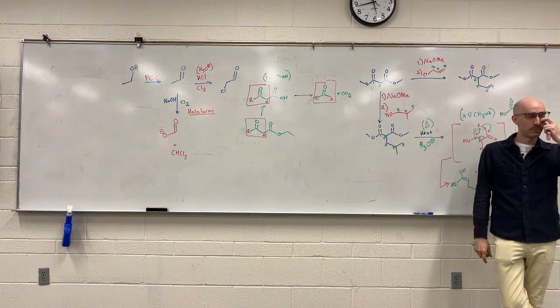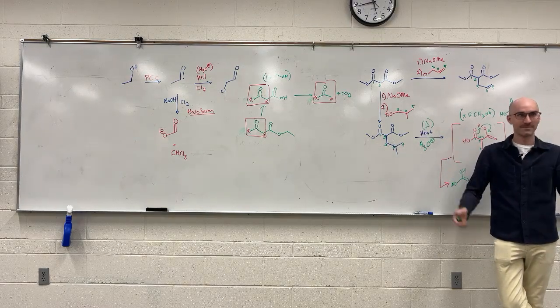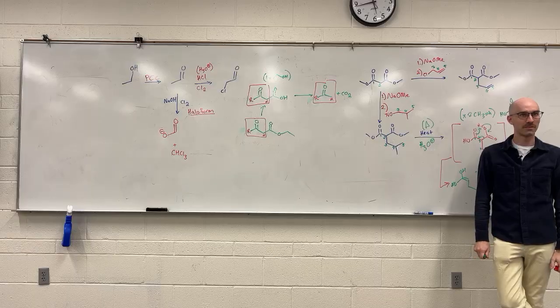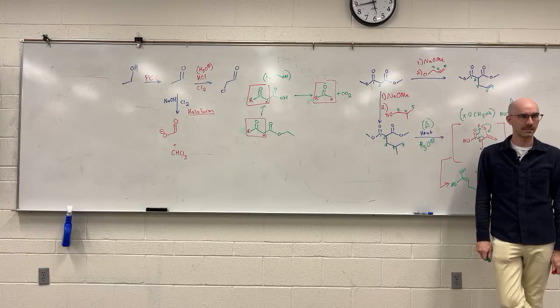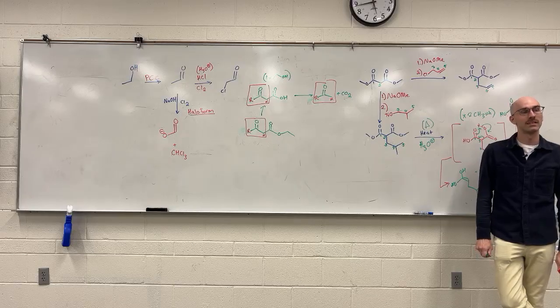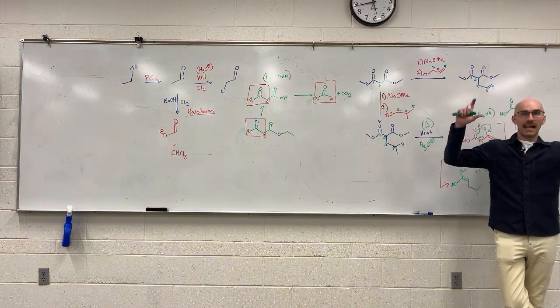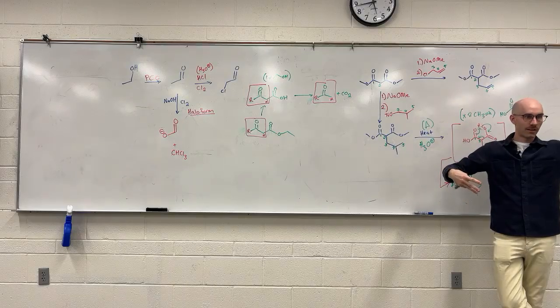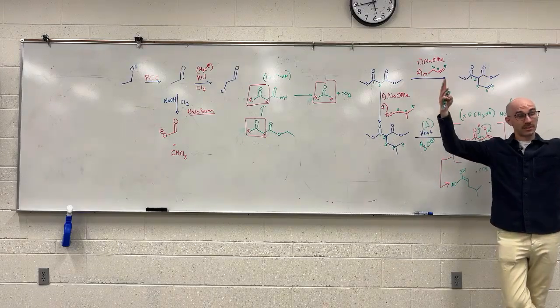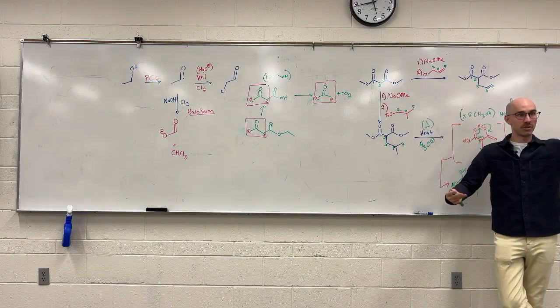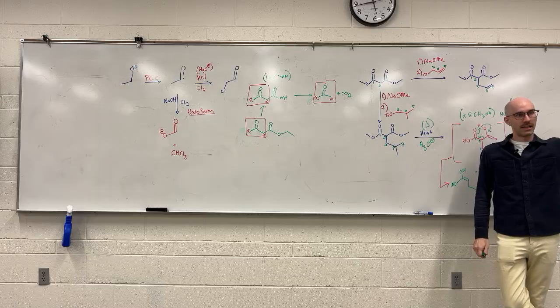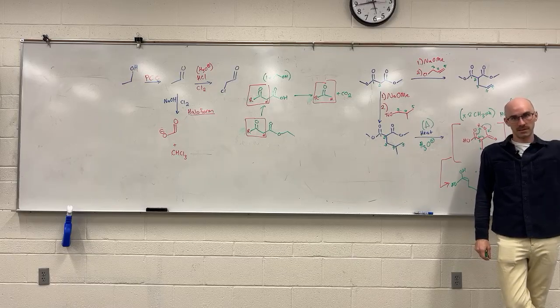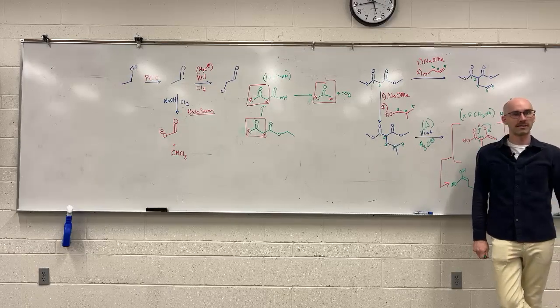So I can't have different people solving different number of steps. That makes it really hard for me to grade it consistently. So what I'm going to try to do is add to the 7-step mechanism a 3-step mechanism that also has to be done. Like 2 reaction mechanisms you have to show me on the Part B unit test. And for the 6-step mechanism, I'll add a 4-step mechanism that has to be done.